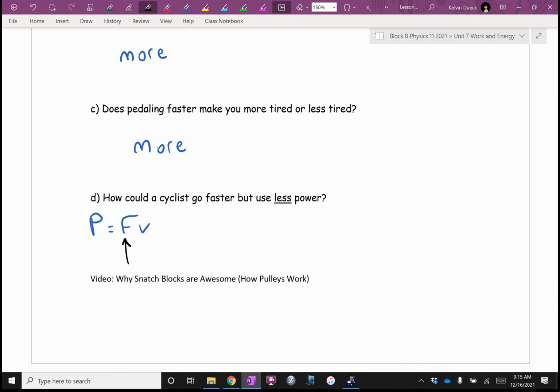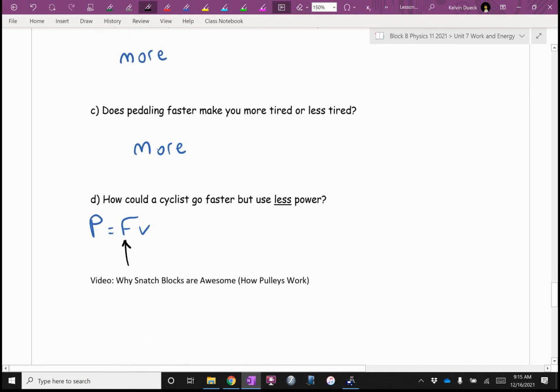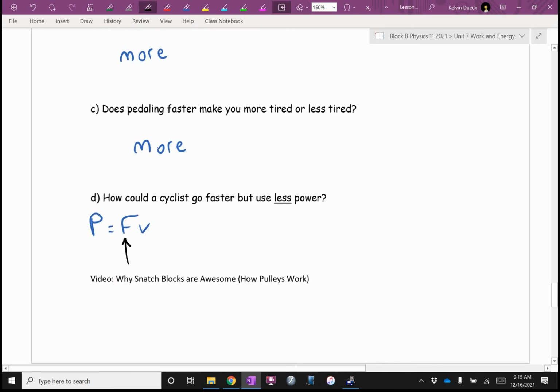Well, it's your pedal force, I think. But we have a constant force to overcome air resistance. How can I go faster but use less power? Tuck. More aerodynamic, less air resistance.